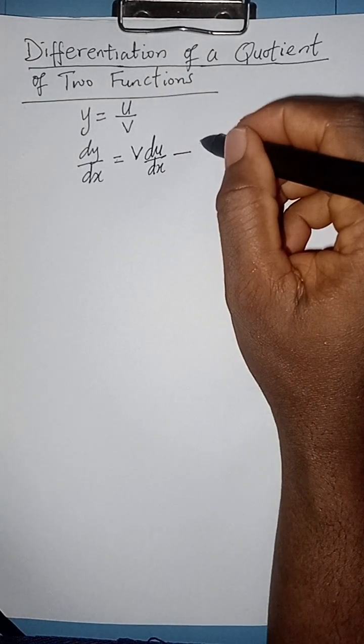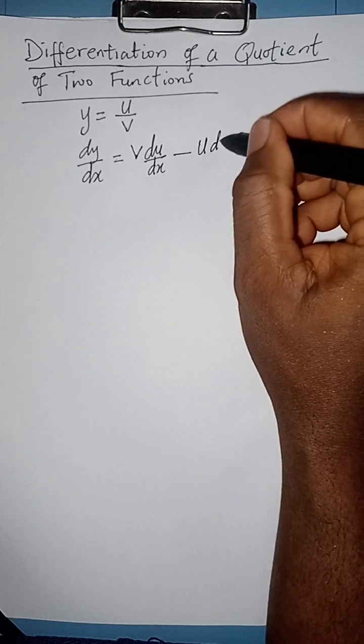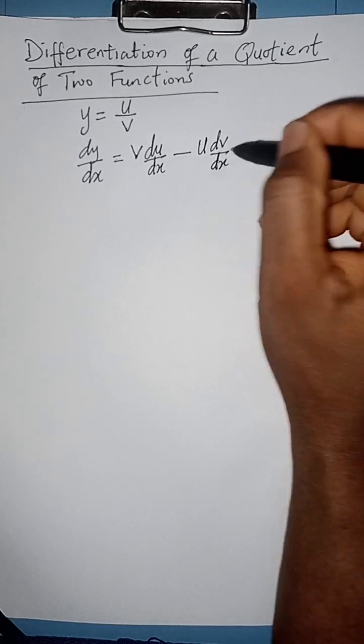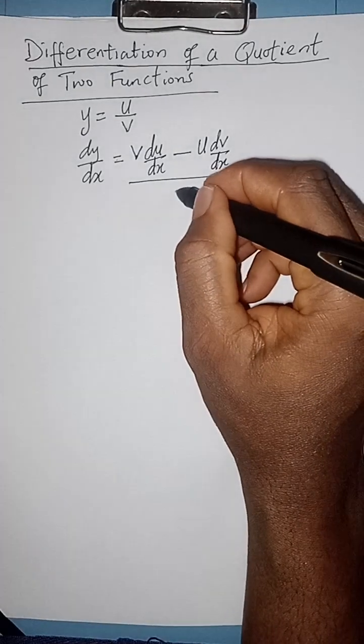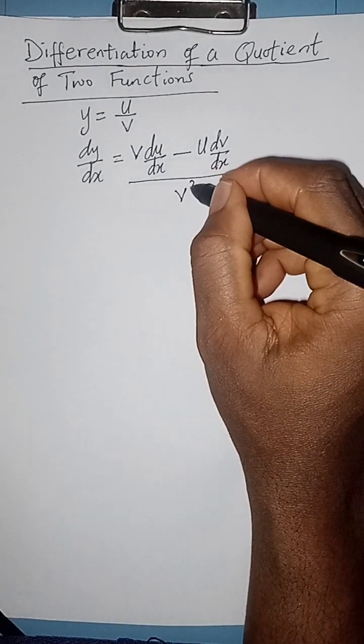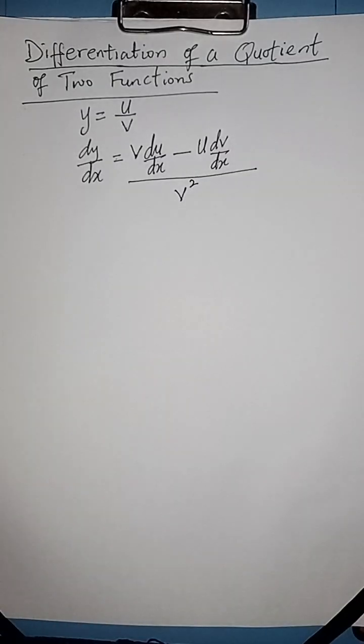Then at this point, you keep u constant and differentiate v in respect to x. Divide the denominator, v, by u squared. This is like the formula or guiding principle in differentiating a quotient of two functions.